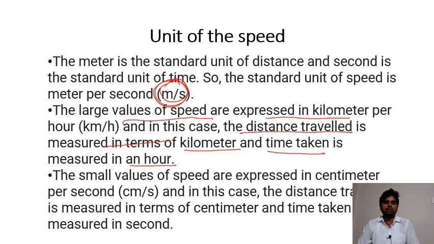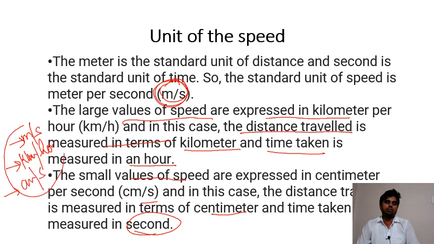If we are measuring very small values, then the speed is expressed in centimeters per second, where distance is in centimeters and time is in seconds. So we can use three different units of speed: meter per second, which is the standard unit, kilometer per hour for larger values, and centimeter per second for smaller values.